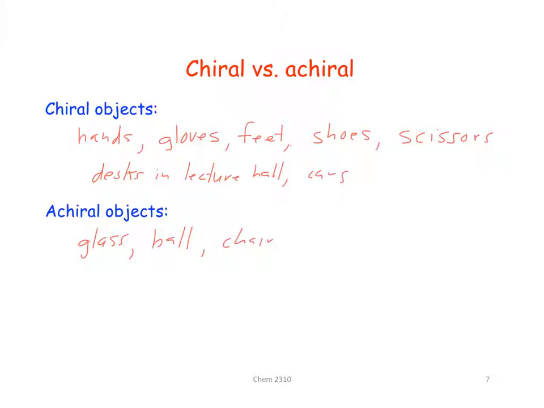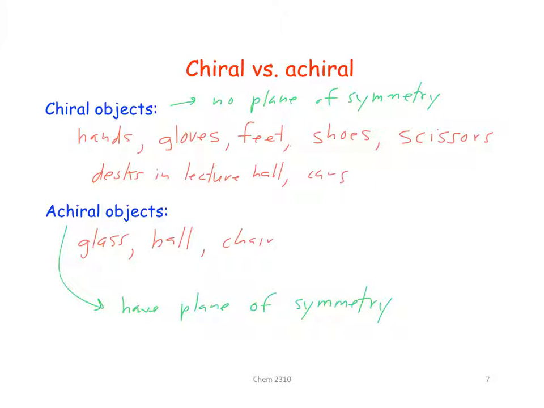So all of these things are going to have a plane of symmetry. Okay, and chiral objects have no plane of symmetry. Right? That plane of symmetry is if you draw a plane through that object, one side will reflect the other side.